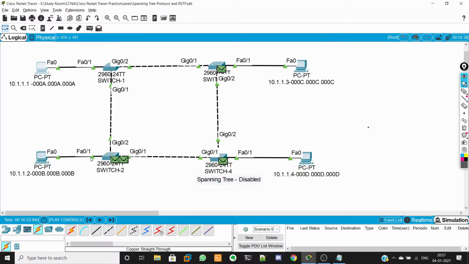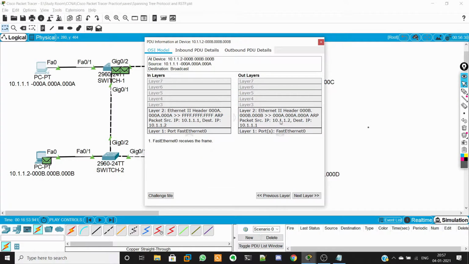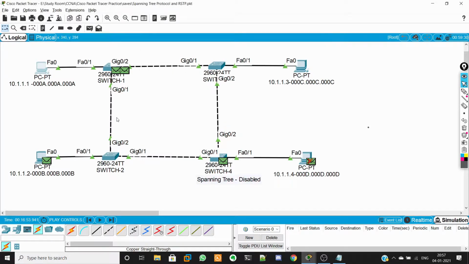It reached through this path. Again, it sends the broadcast frame through this path as well as through this path to the destination.